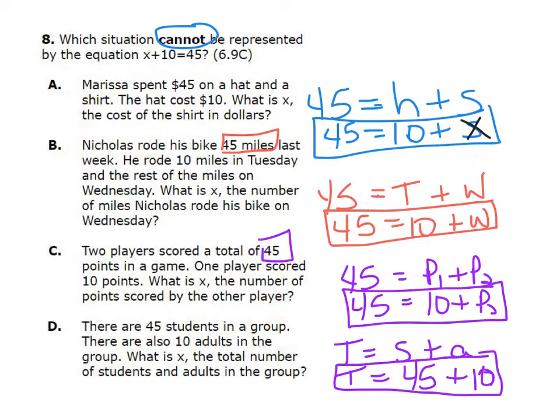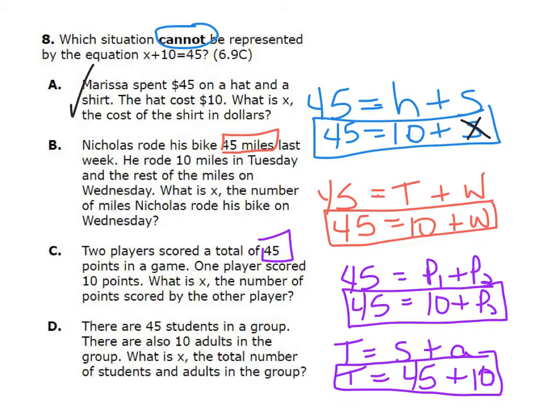Even though it's written differently because they have 45 first and then they have x first on the other side, it doesn't matter because of that property that we know, the commutative property. It doesn't matter if you put x plus 10 or 10 plus x, it still should give you the same amount. So A seems like it's a correct answer.